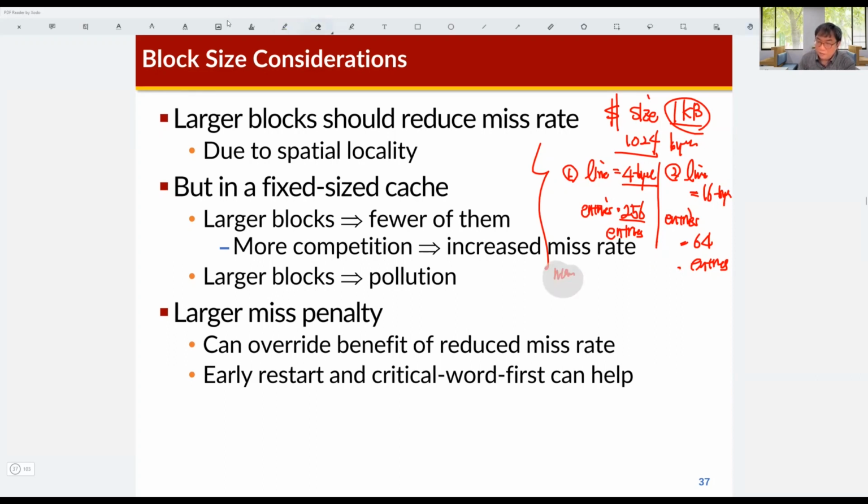So let's think about this small, narrow line cache. The cache line size is just 4 byte, so this cache has a large number of entries. The same amount of data can be stored in the cache, but the line size is small. So this cache is actually bad for spatial locality.